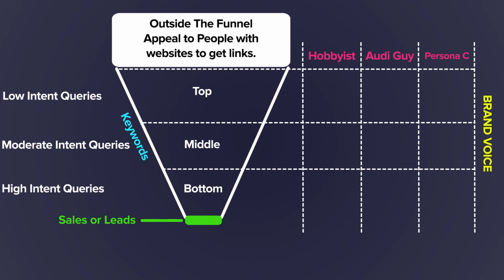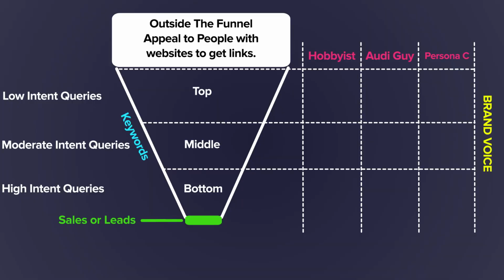We're going to have these low-end ones, we're going to have the high-end ones. What we want to do is make sure that we're targeting content to the right people with the right keywords. And when we've done our keyword research and we know that somebody's looking for a low-cost drone entry point, and we know what kind of pricing they're looking for, we know that's the hobbyist.